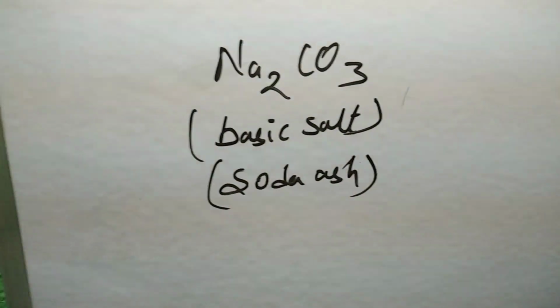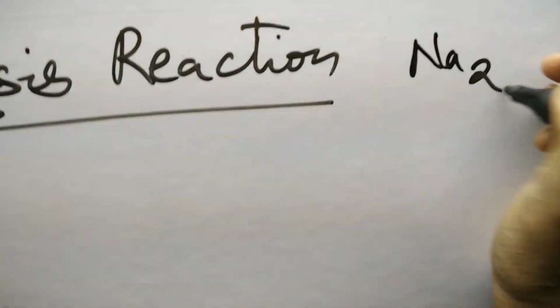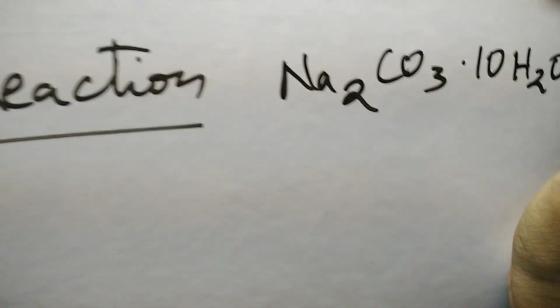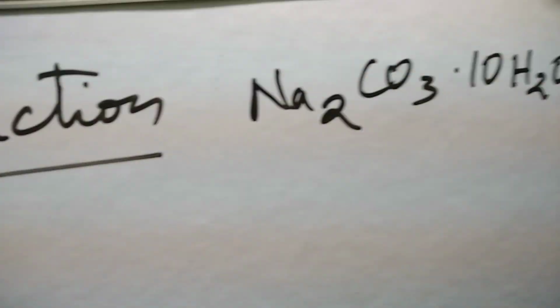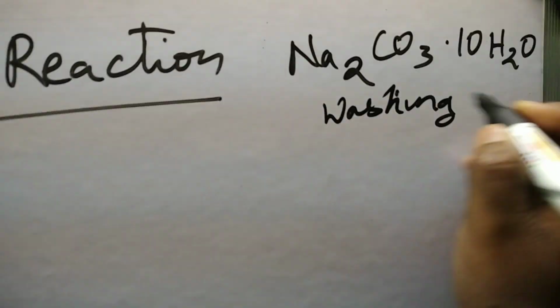Before going into the reaction, let me show one compound, Na2CO3.10H2O. You know what this is? This is washing soda. See, this is soda ash and this is washing soda.